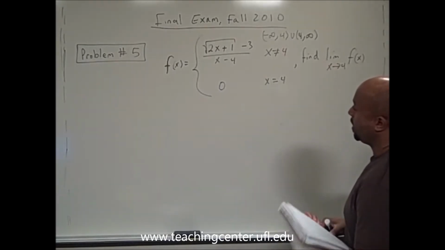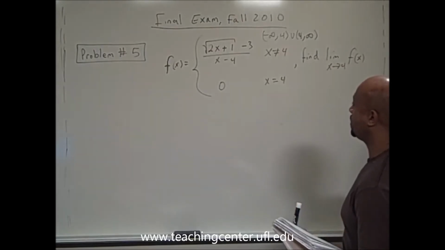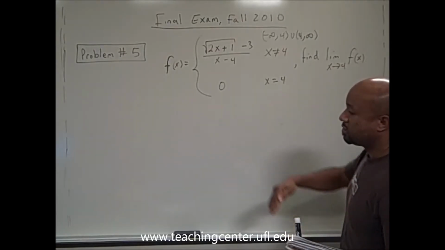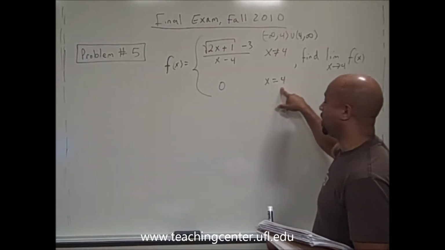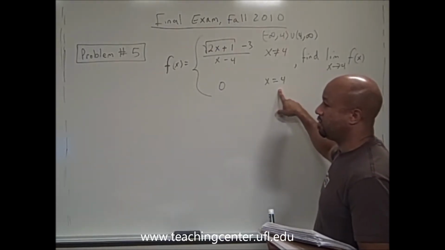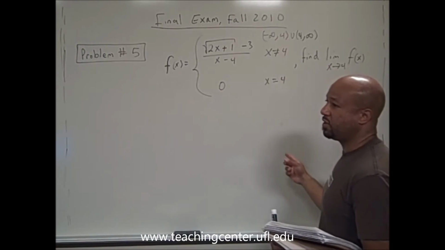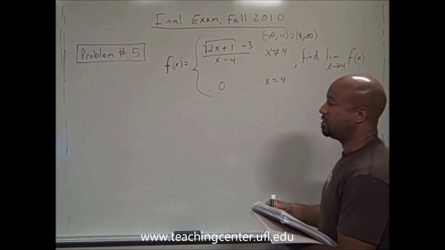So again, when you think about a limit, you need to think about whether the function approaches some value at a given x from the right and from the left, and whether that value is the same.